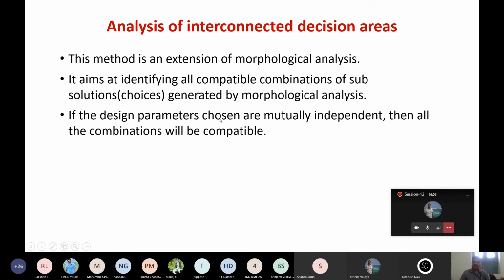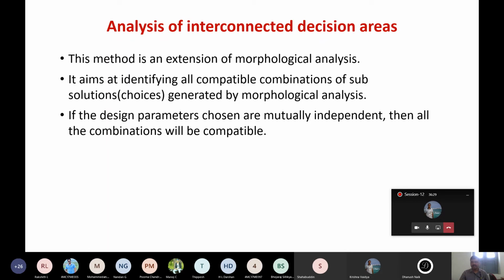So while evaluating these possible solutions using AIDA, if the parameters you have chosen are completely independent of one another, then all 36 solutions may look feasible.